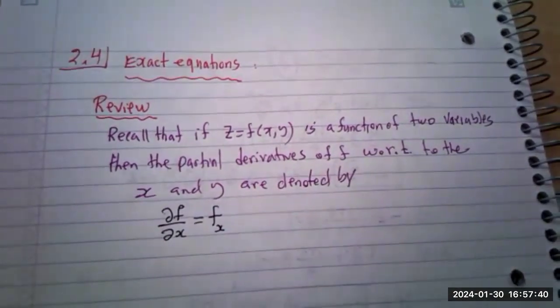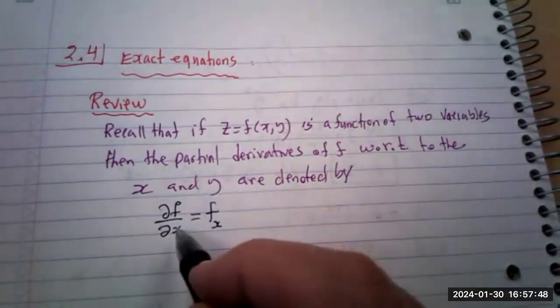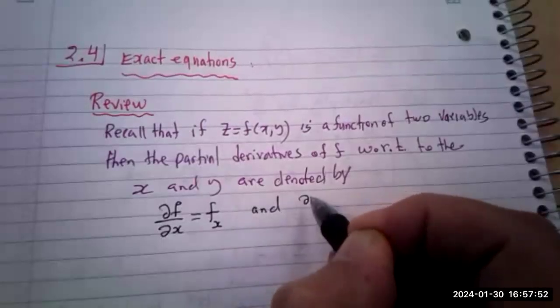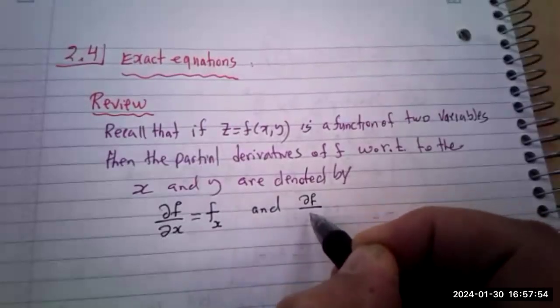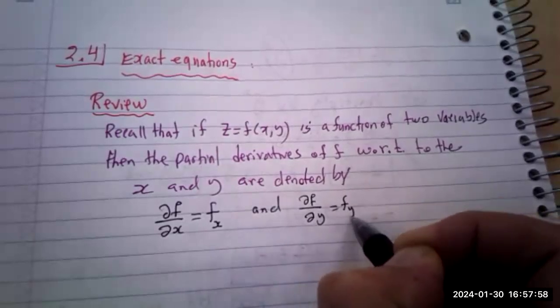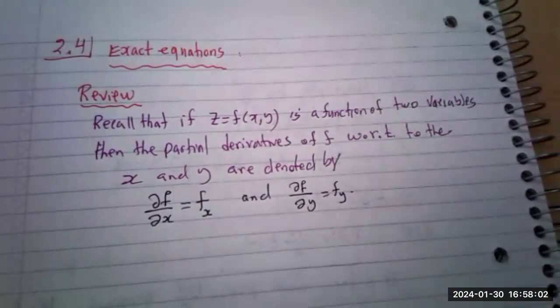This means the partial derivative: you keep y as a constant and differentiate with respect to x. And with respect to y, rho f rho y is going to be f sub y. These are the partial derivatives.